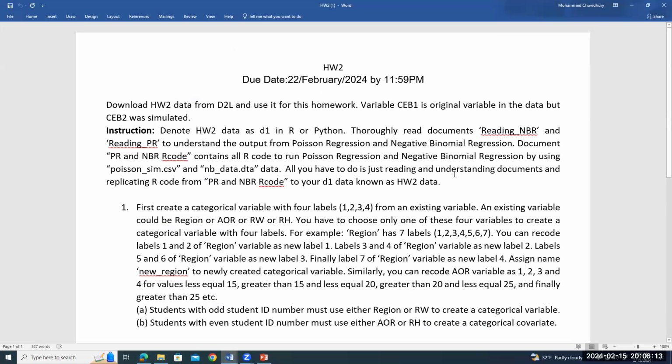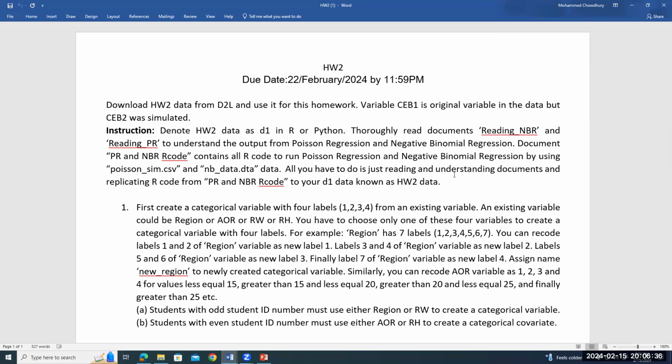Take a look, your homework problem. Please pay attention, okay? We have 25 minutes, pay attention. Download the homework 2 data from D12 and use it for this homework. Variable CEB1 is an original variable in the data. The data was real data, but the CEB2 variable was simulated.